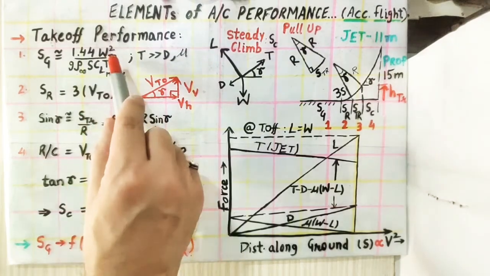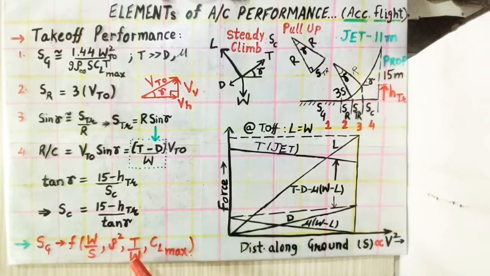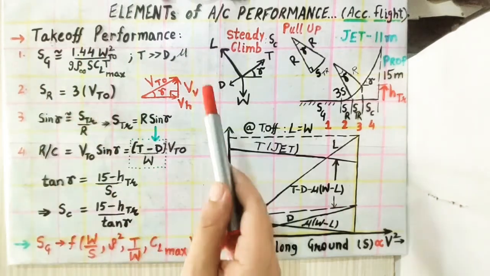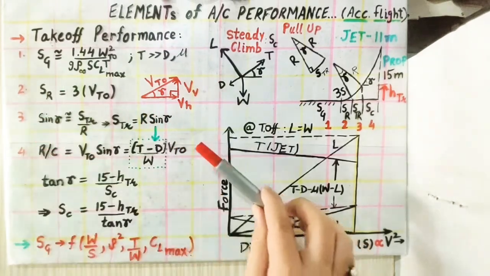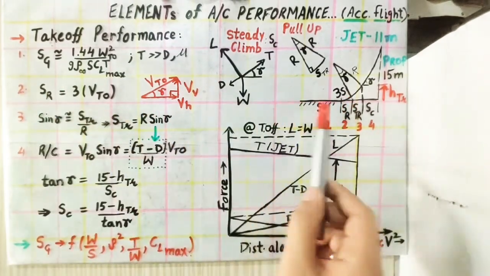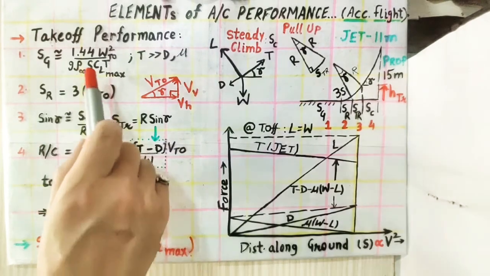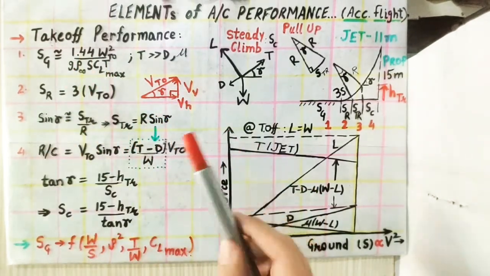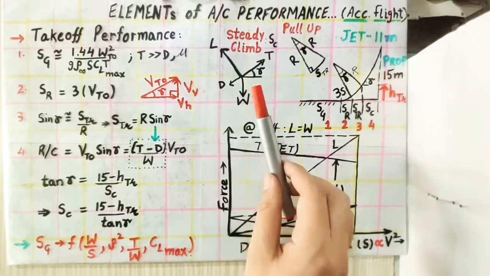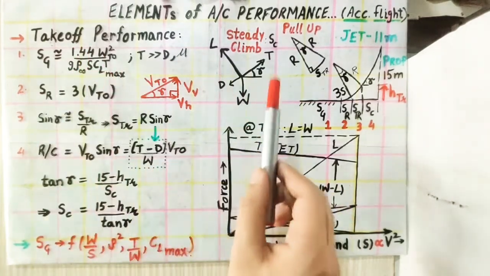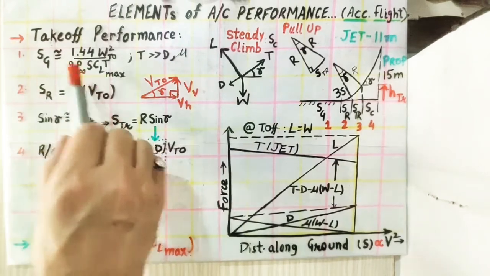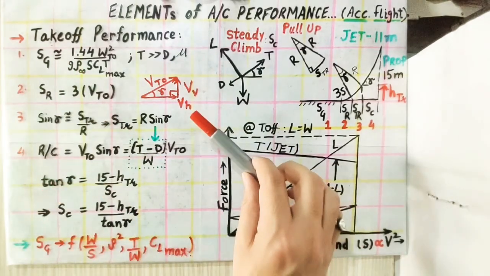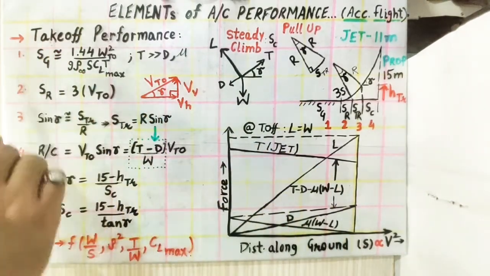And if the thrust weight ratio, T by W, is high, then SG will be low, because with more acceleration and lesser weight, obviously it will take less time to take off from the runway, so SG will be less. And if CL max is of higher value, that is, if CL max of the wing or whole aircraft is increased by using flaps or other devices, then SG will decrease. It will take off from the runway in a lesser distance.